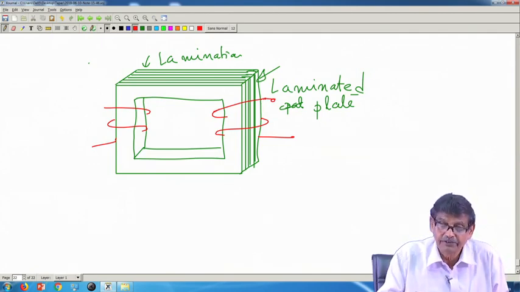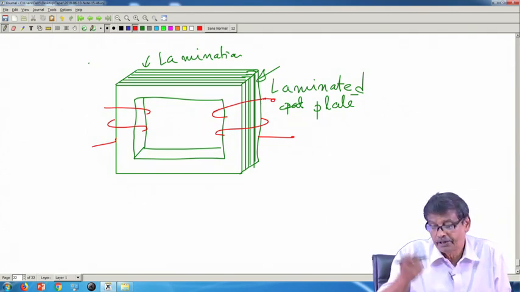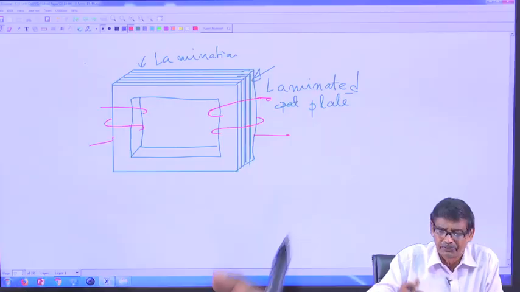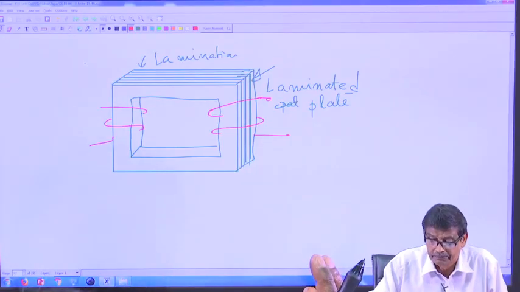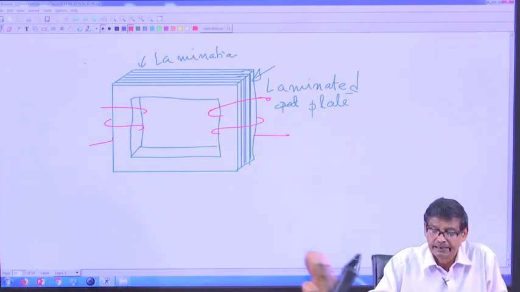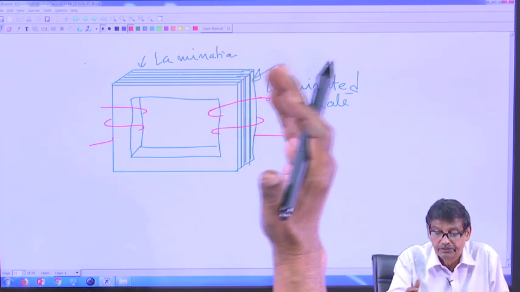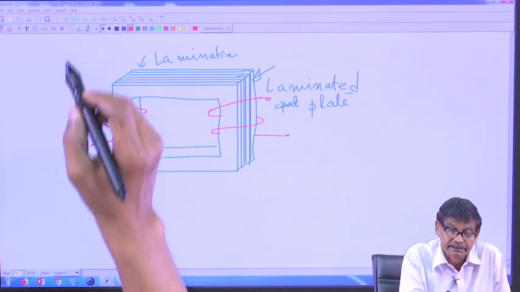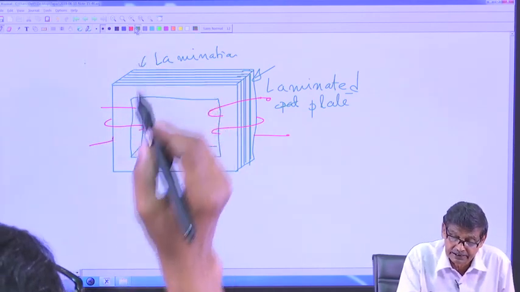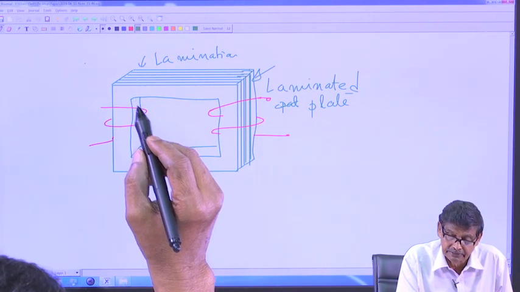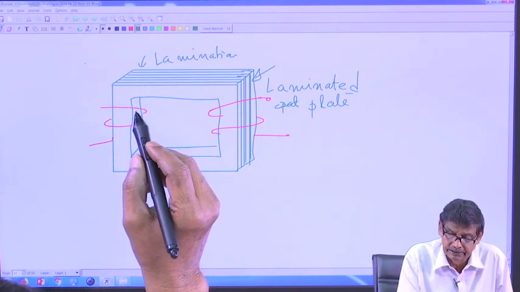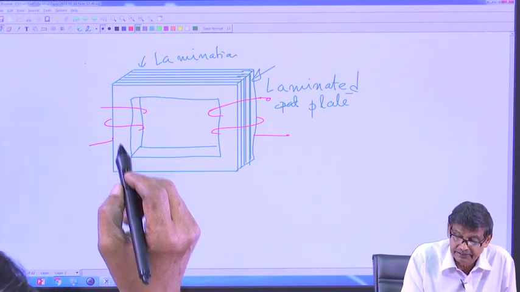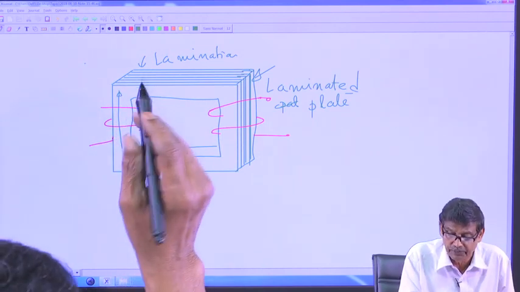So, eddy current loss depends on Bmax square, f square and thickness of the plate square. Thickness should be 0.2, 0.3 millimeter, and each plate is insulated from the other, and this will be also reflected in this drawing. I think this is okay. And this is the flux. Total flux is phi.